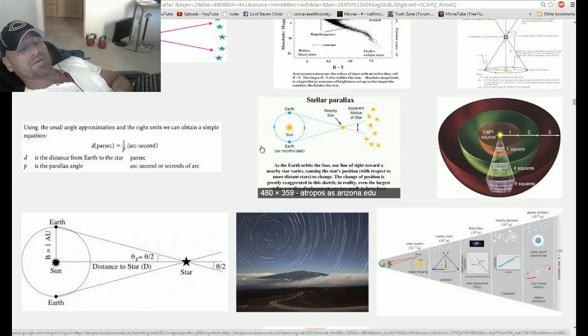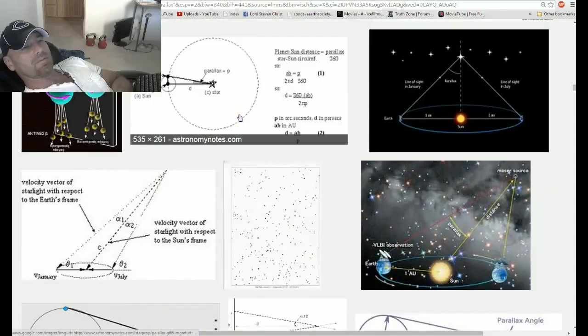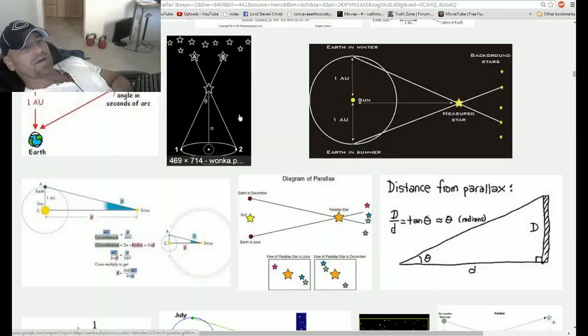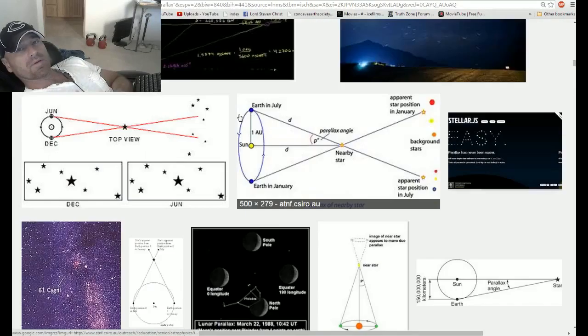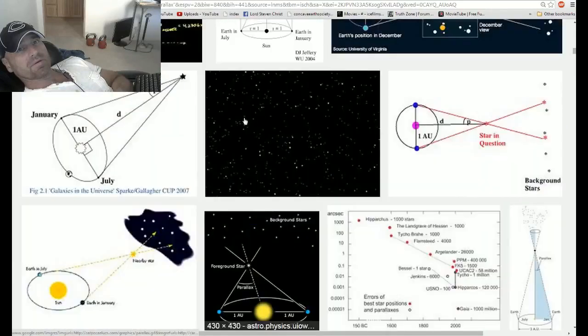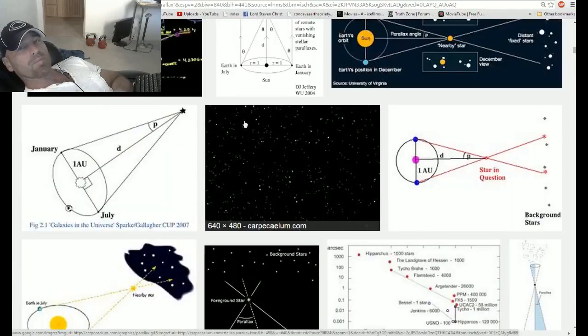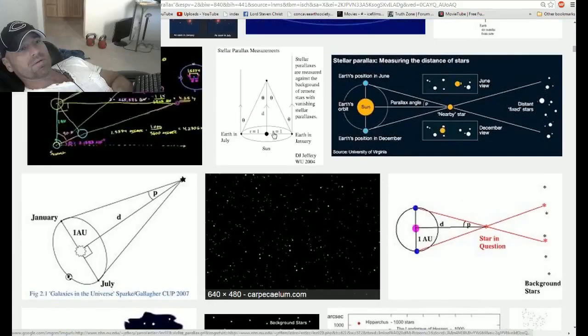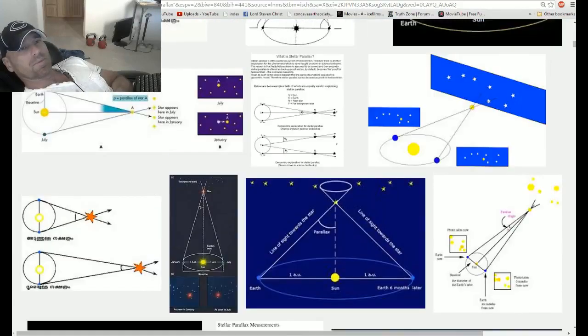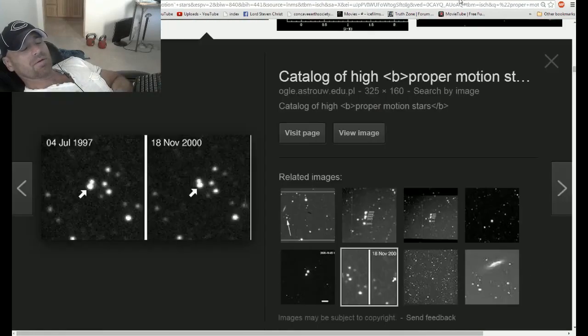To my knowledge, and I just started looking into this, but maybe you guys can help me. Show me some live footage of oscillating back and forth movement, oscillating in 1 year's time. Barnard's star, Proxima Centauri, they're showing movement, but they're not showing oscillation on an annual basis. I don't see it.